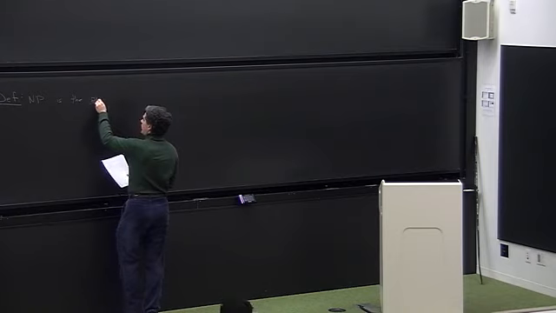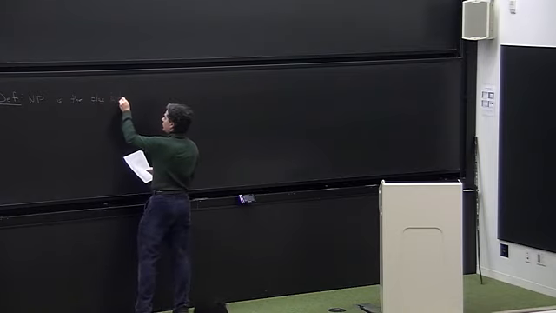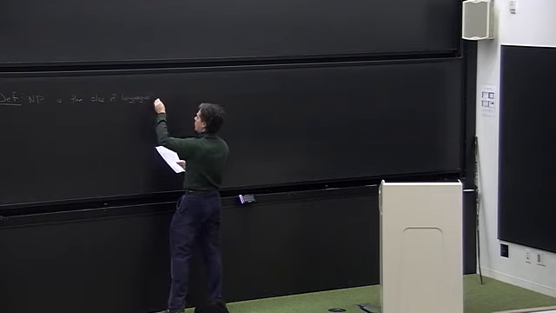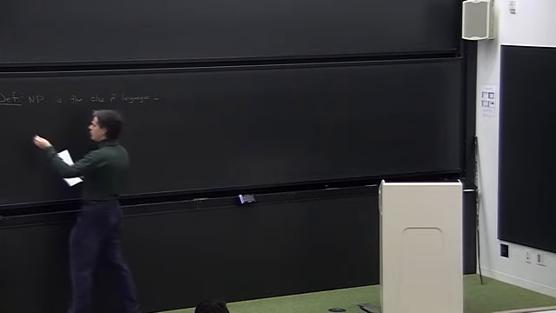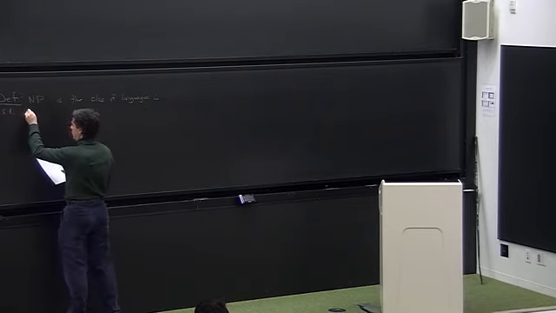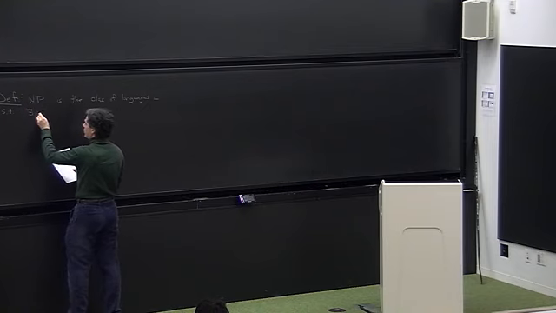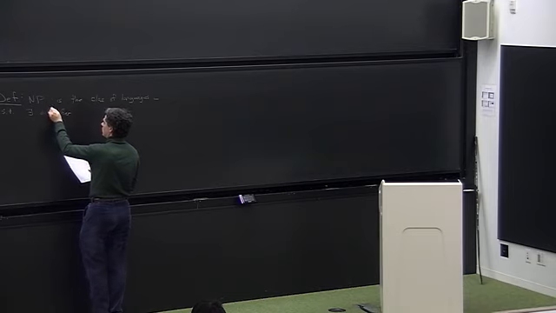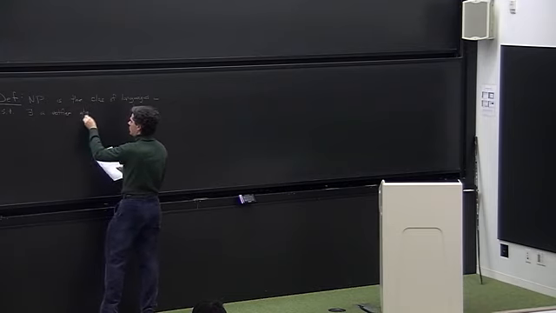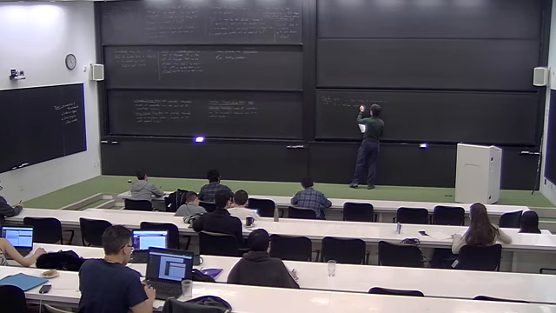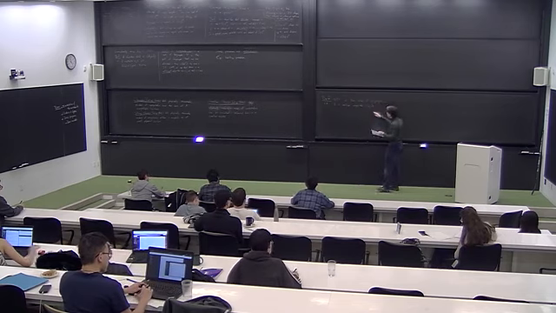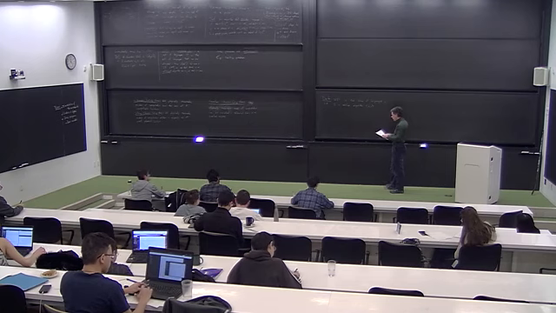So it's the class of languages such that there exists a verifier algorithm V, and V takes two inputs, x, w. So x is the instance of L that we're concerned about.